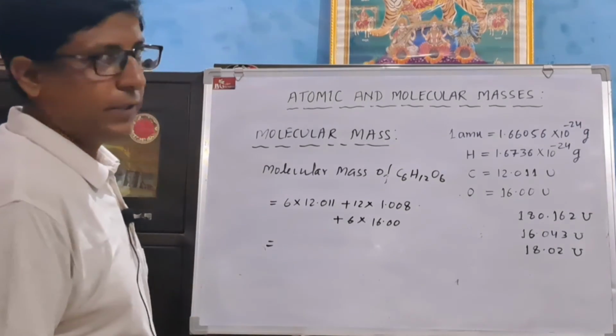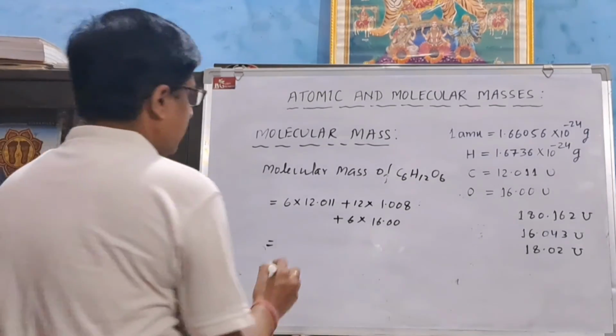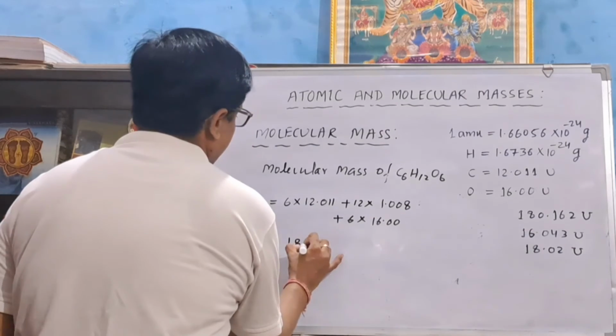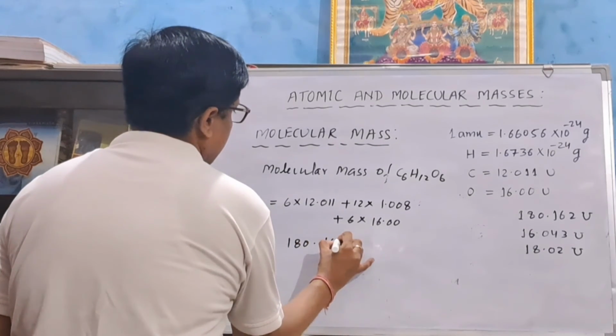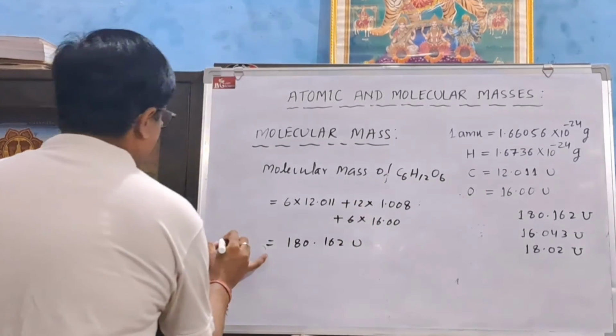After multiplication and addition, we get the molecular mass 180.162 u.